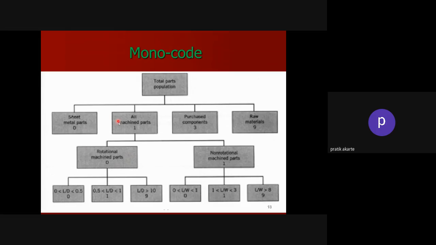So each part must get some combination of digits depending upon all these things. So these are the design attributes. Then purchase components and raw material, again these are design attributes. Machine parts are a manufacturing attribute. Sheet metal parts, again it's a manufacturing attribute. So the parts can be given a code depending upon the design and manufacturing attributes.